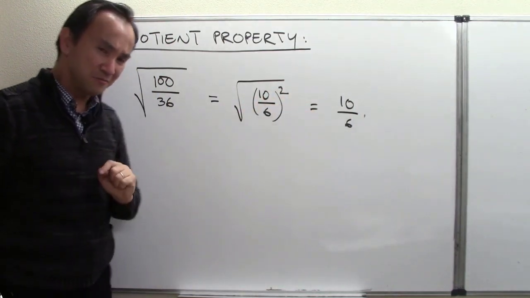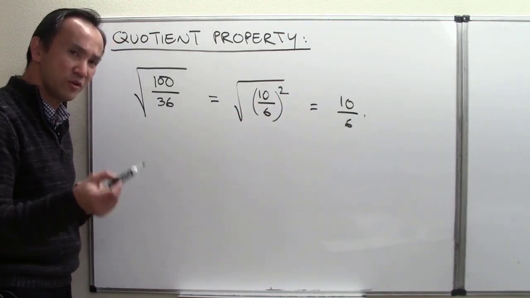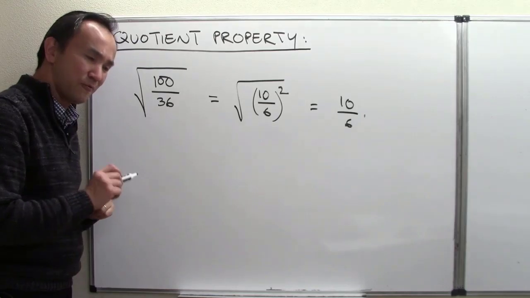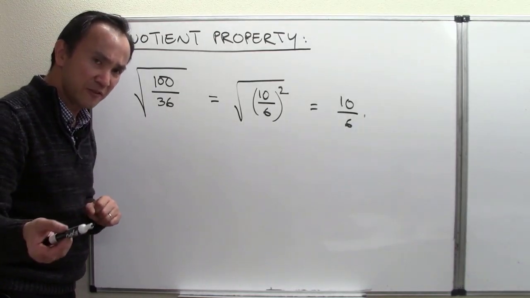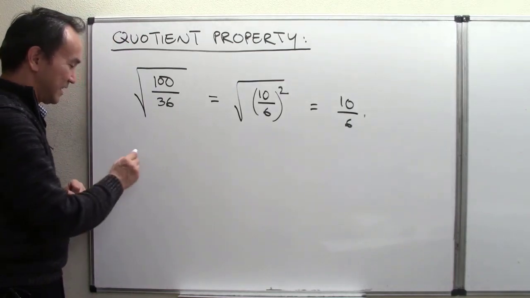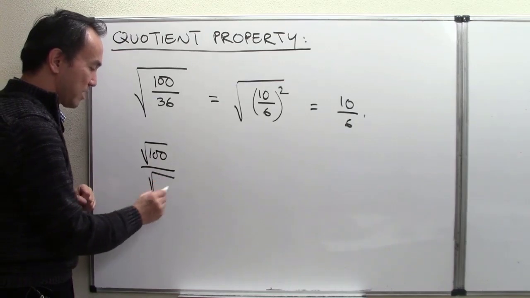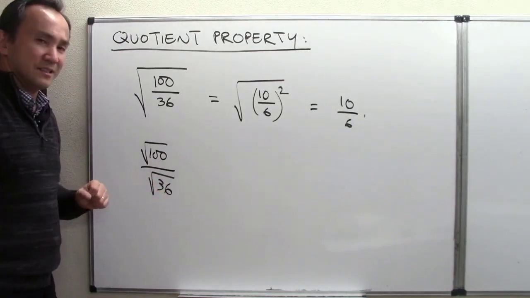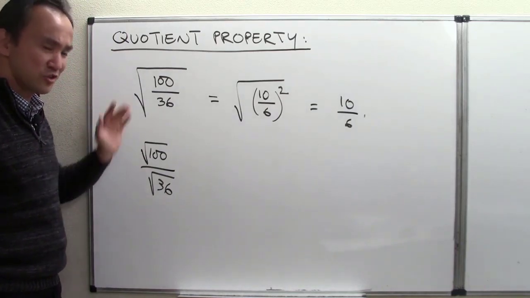But now just think about it, let's bring back the result that we did in problem 4, among the problems that I demonstrated a few problems ago. We had a problem like this: the square root of 100 divided by the square root of 36. Let's compare the results now.